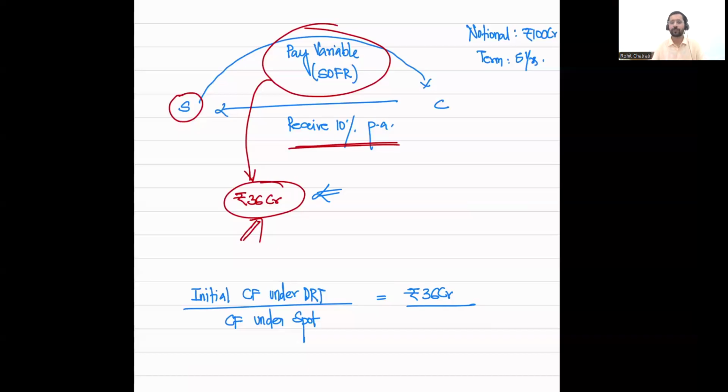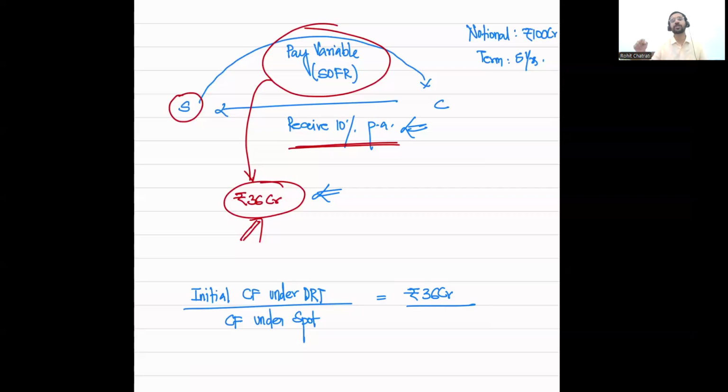All right, now if you think of it, S Limited under the swap contract is having a right to receive 10 percentage from C Limited. S Limited is having a right to receive 10 percentage every year for the next 5 years from C Limited. A comparable position to this would be an investment in a fixed rate bond. The comparable position would be investment in a bond where the coupon rate is fixed at 10 percentage, because if S Limited invests in a bond where the coupon rate is 10 percentage, then S Limited would actually receive the 10 percentage every year, similar to this derivative contract.